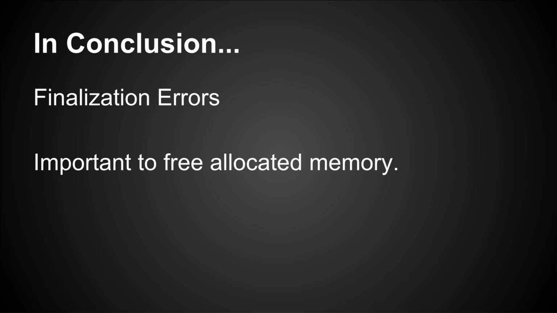So in conclusion, this program is a fine example of finalization errors. It's really important to always free memory you are allocating. What was interesting about this program is just the scope at which they went to crash it. Everywhere they were using the new operator was going to add to the scope of the memory leak as a whole.